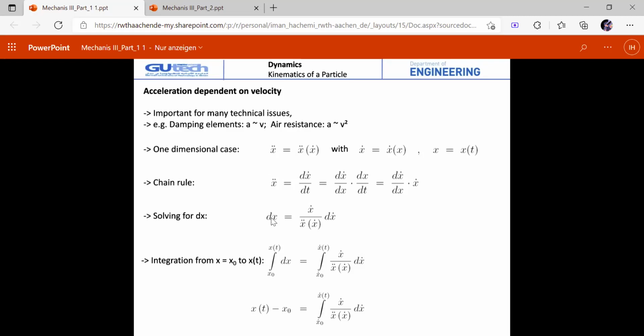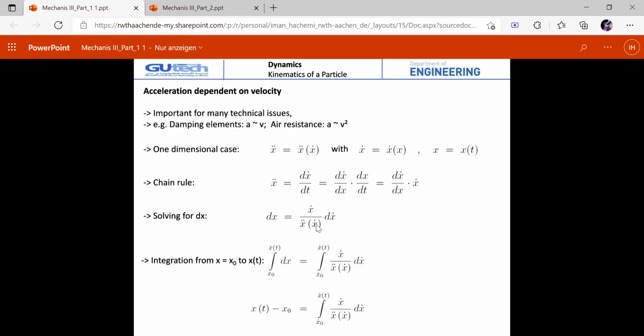Then we have dx at this position, which is only x dot multiplied by dx dot divided by x dot dot.